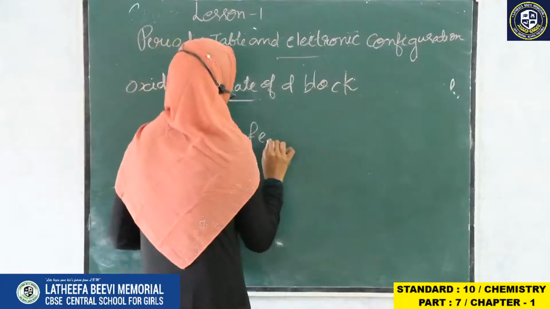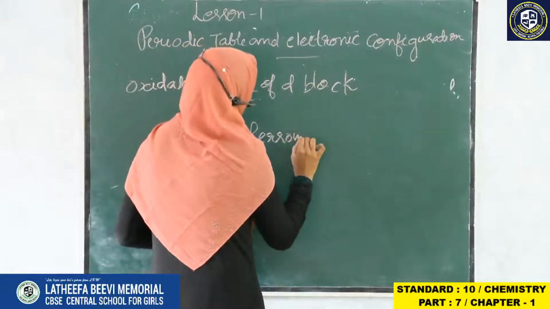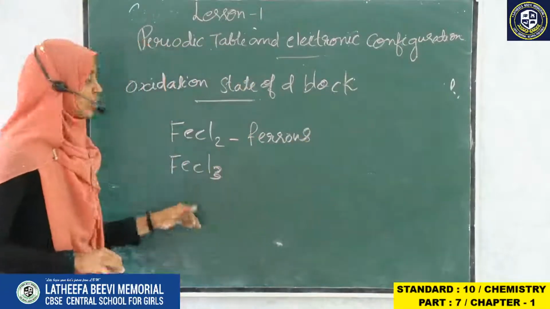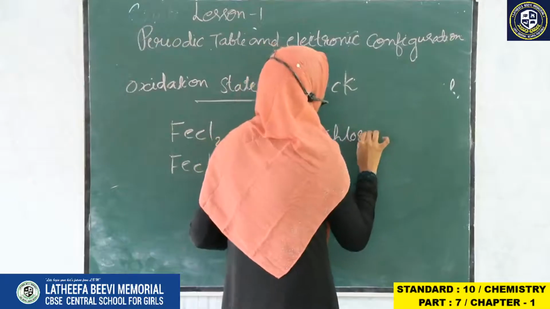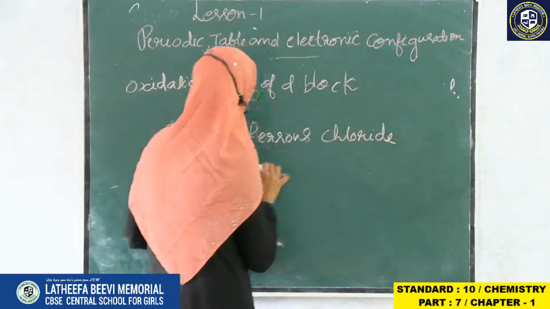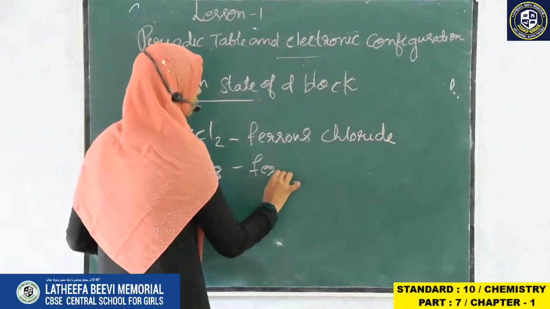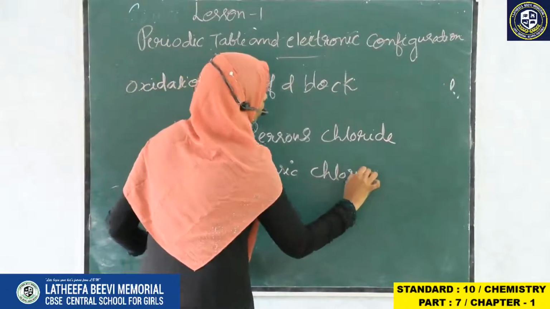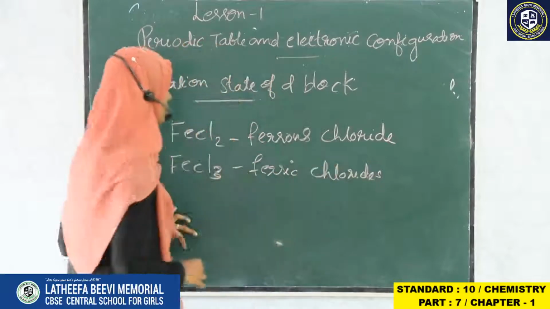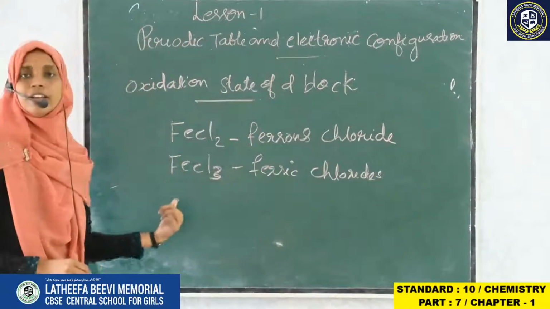So iron forms two chlorides, or two compounds, ferrous chloride and ferric chloride.